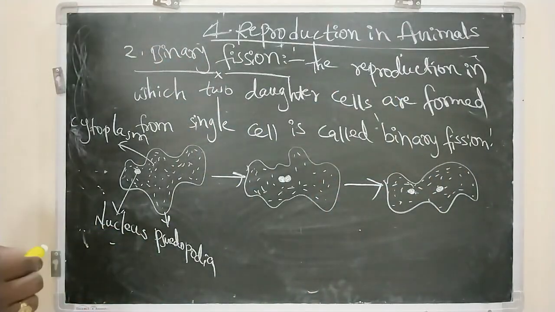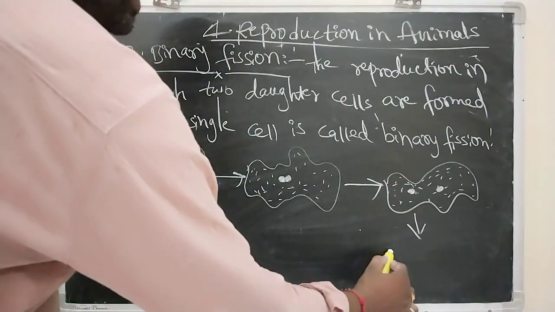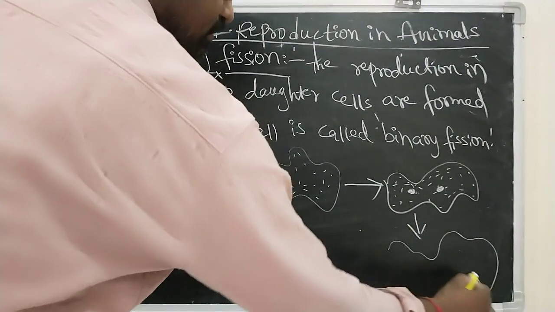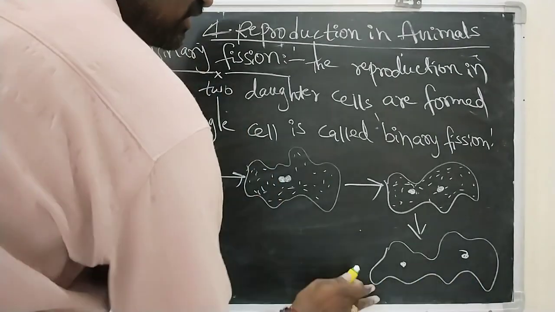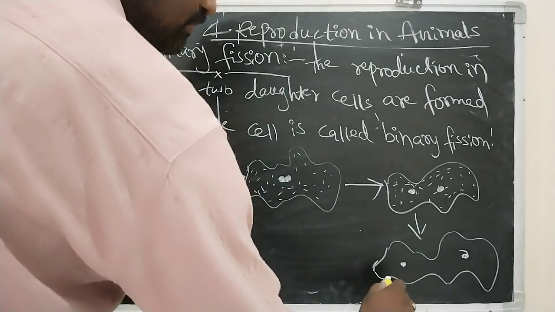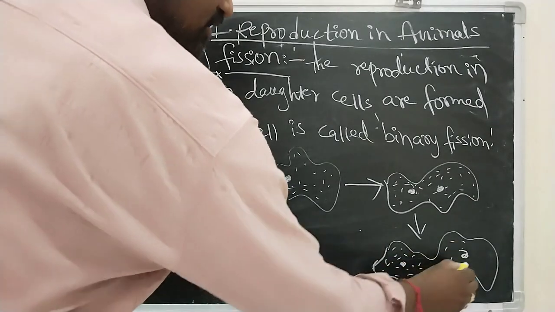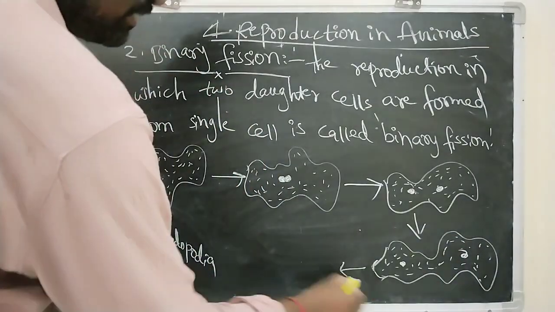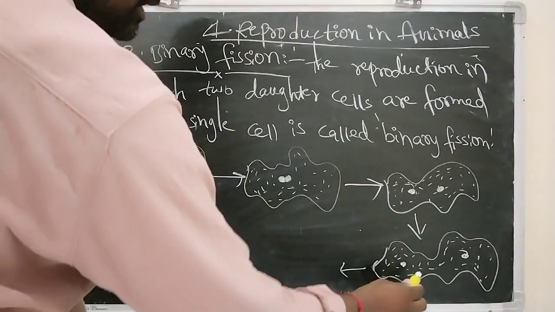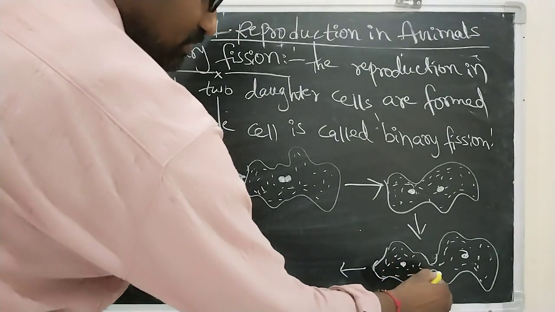Next, after the nucleus is divided, the body starts dividing. A constriction appears in the middle of the body. This constriction becomes deeper, like this, and closes.